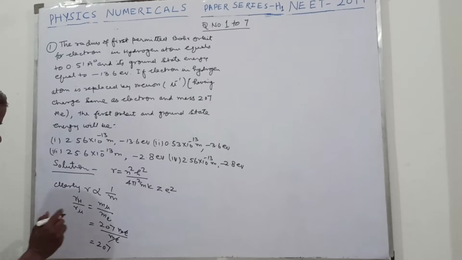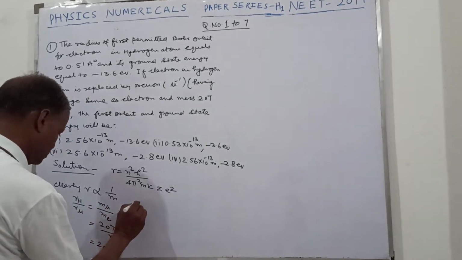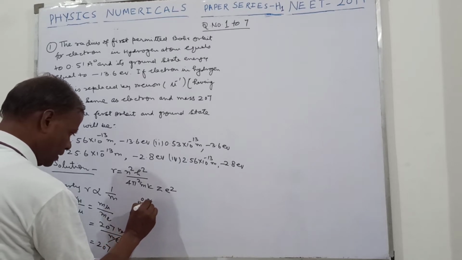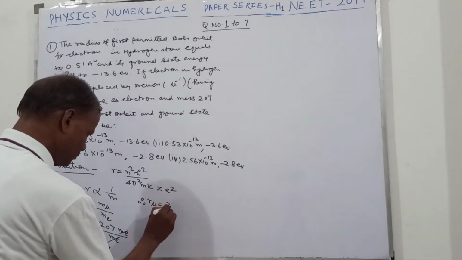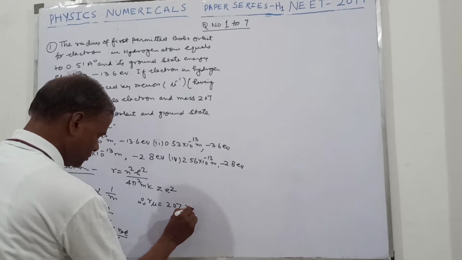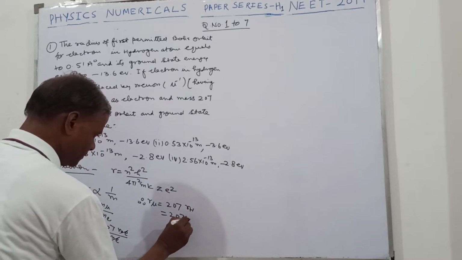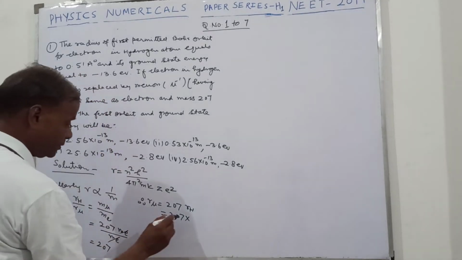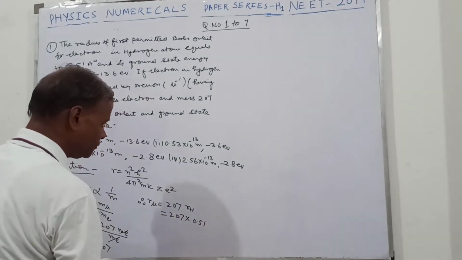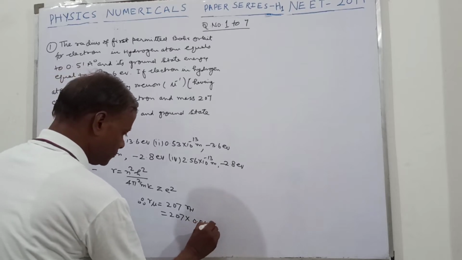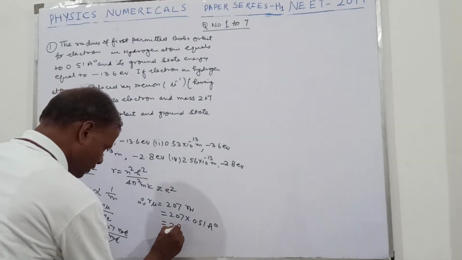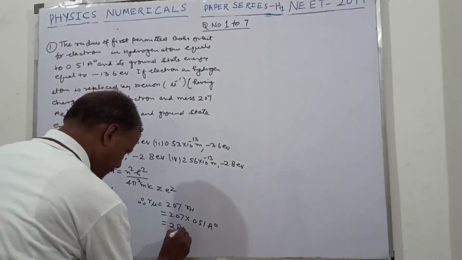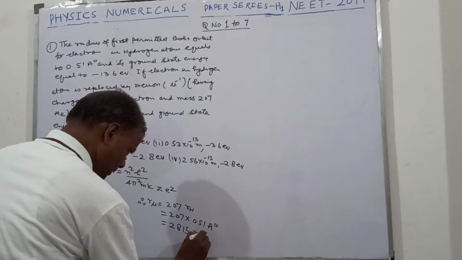You have to find R_mu. Therefore R_mu equals 207 into R_H, and R_H is given as 0.51 angstrom. The product of this is coming out to be 2815.2 angstrom.